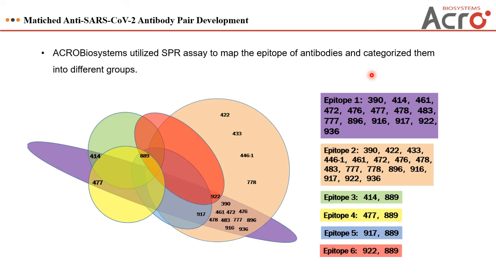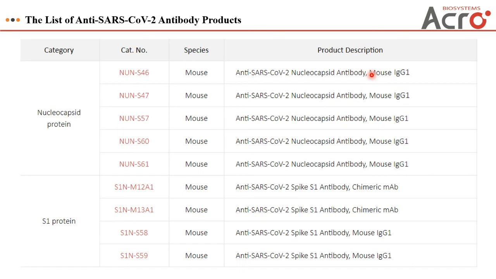After screening and epitope mapping, we have selected 5 anti-N protein antibodies and 4 anti-S1 antibodies for our customers to develop antigen tests. Here shows the list of our anti-SARS-CoV-2 antibody products.